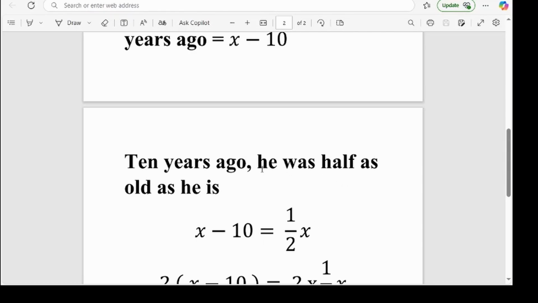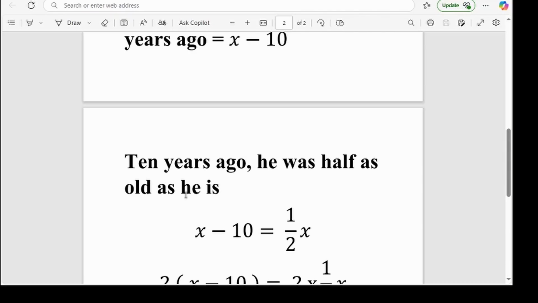So he, Donald Trump, was equal to half as old as he is. And if you could recall, we let the current age of Donald Trump be X. So 10 years ago, he was half. 1 over 2 represents half as old as he is. So "as old as he is" represents some level of multiplication, right?